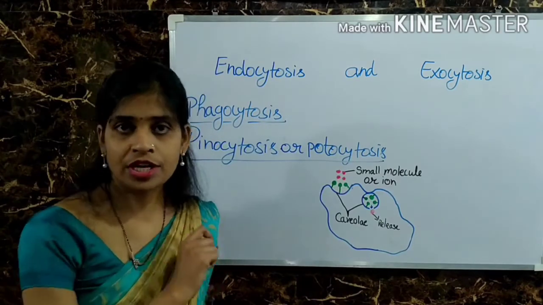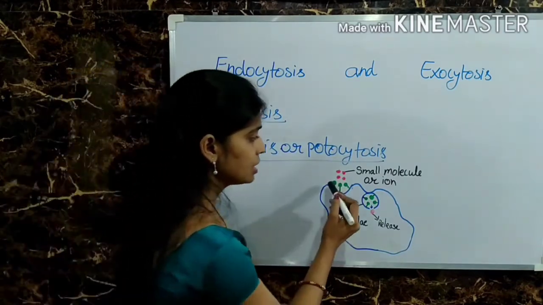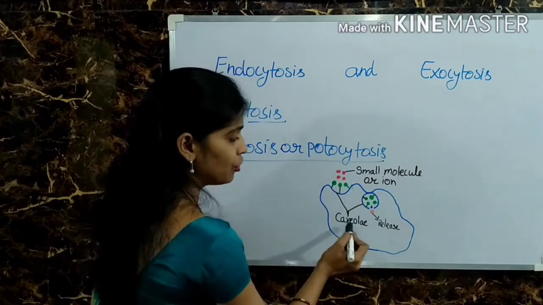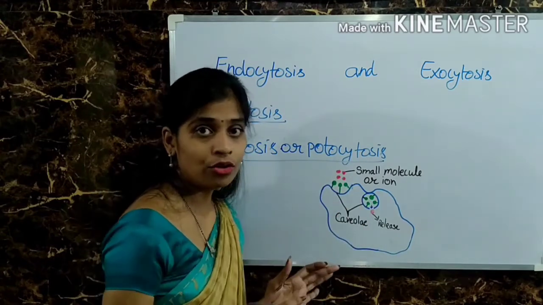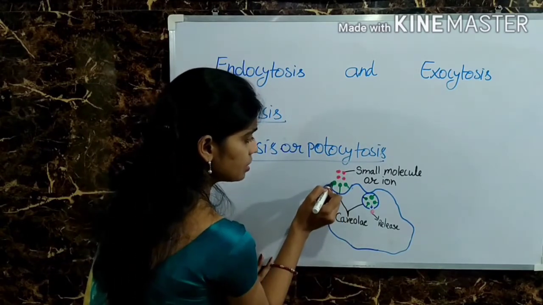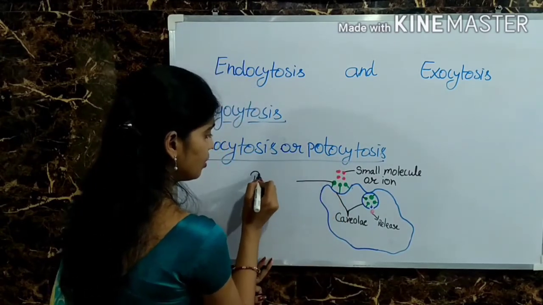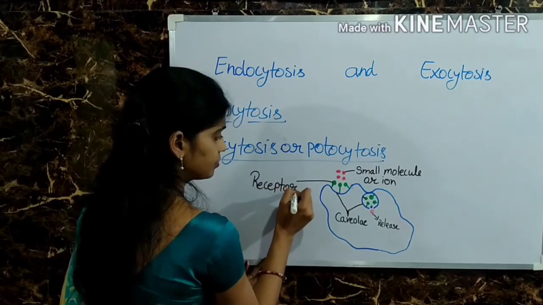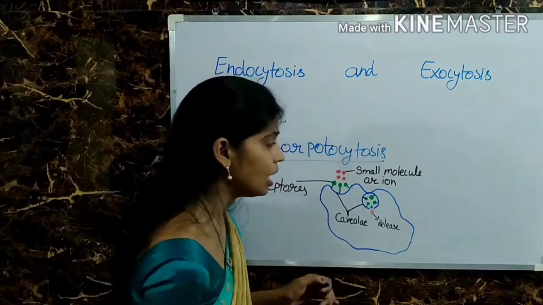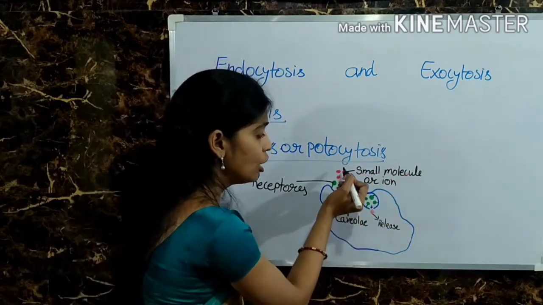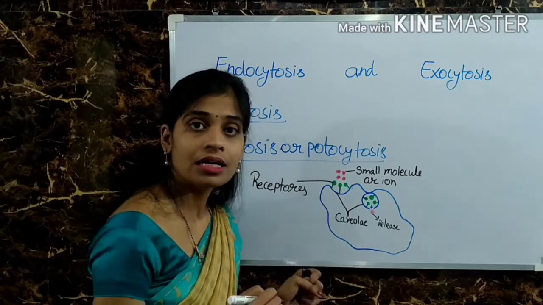In pinocytosis, the cell membrane forms small caveoli, and these have some receptors. These receptors allow small ions or small molecules to be taken into the cell.